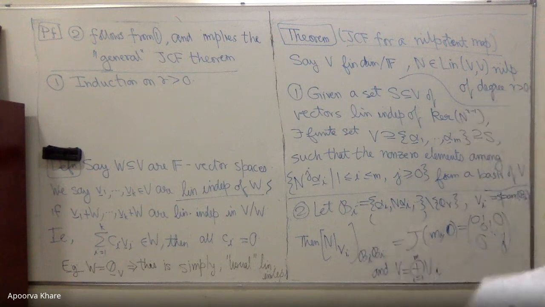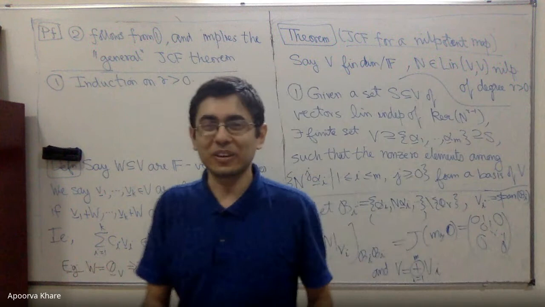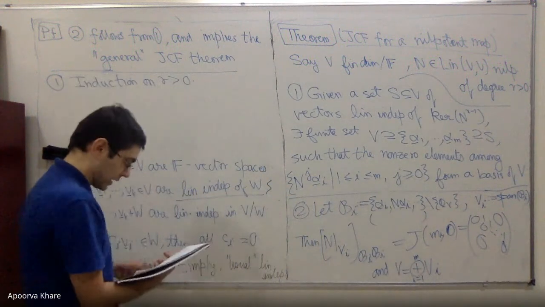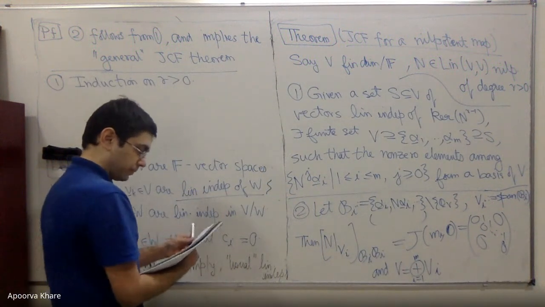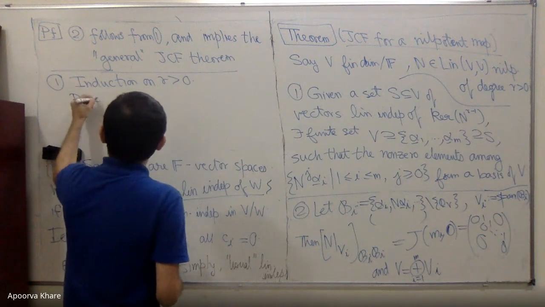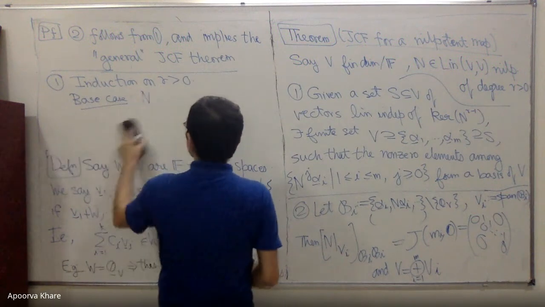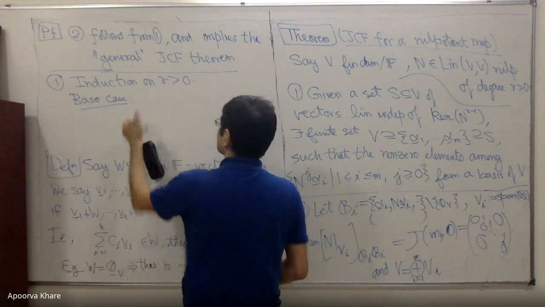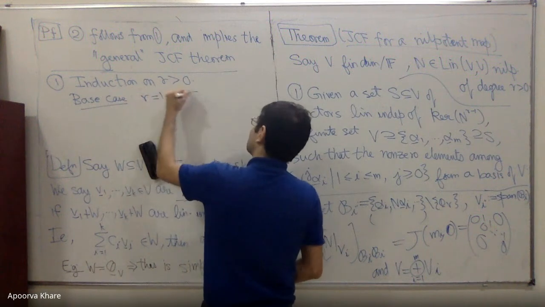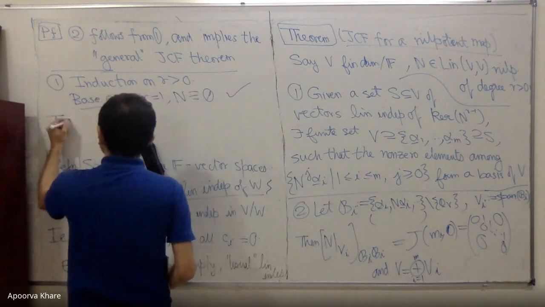If n is the 0 map, then with respect to any basis, you get a Jordan block because you just get zeros. So that's trivial. The base case. R equals 1, n equals 0, and this is trivial. So now we just need to do the induction step.